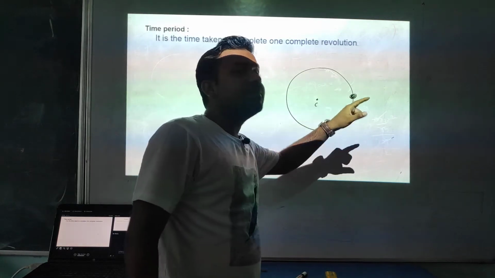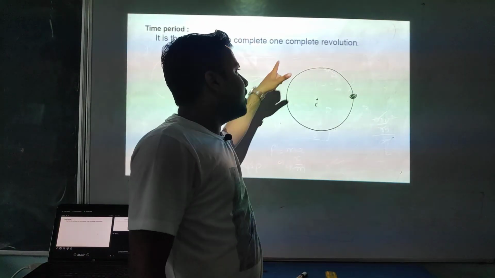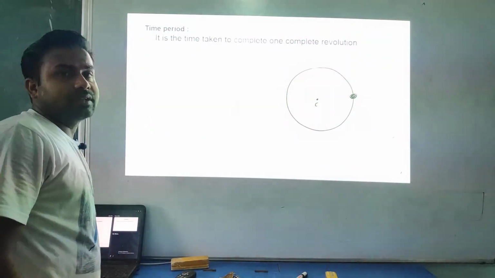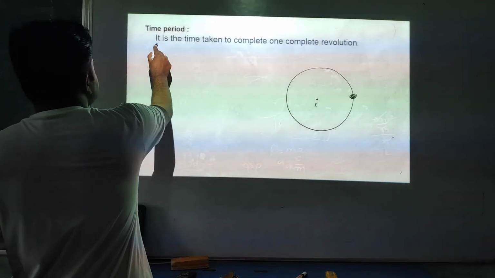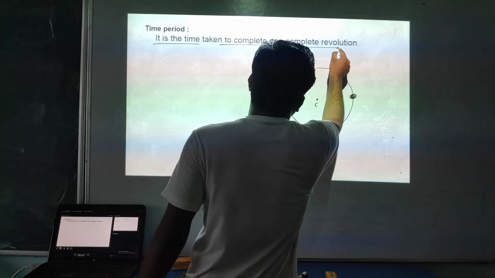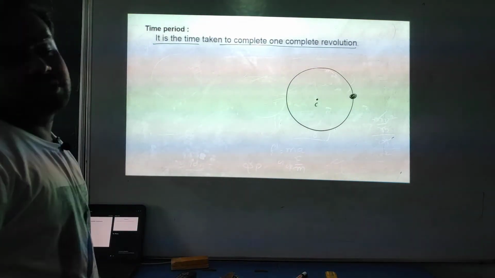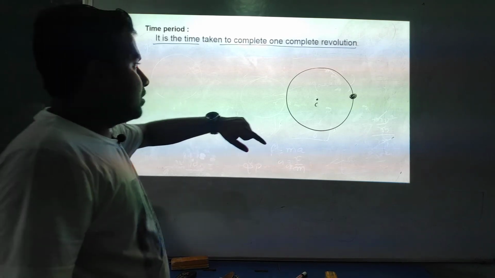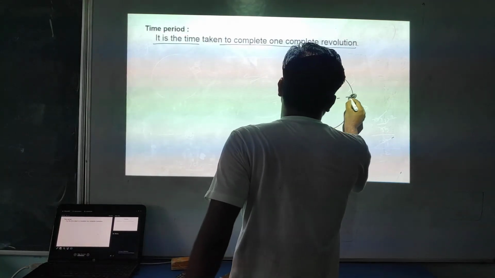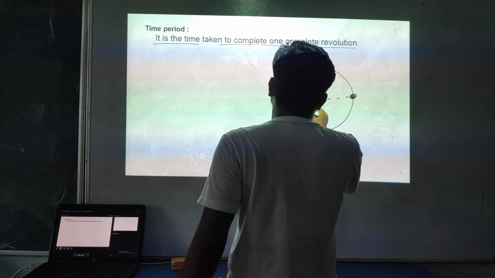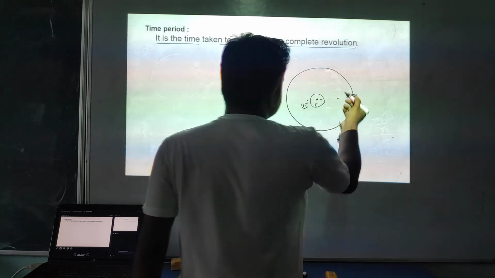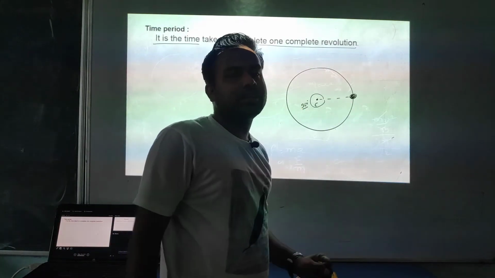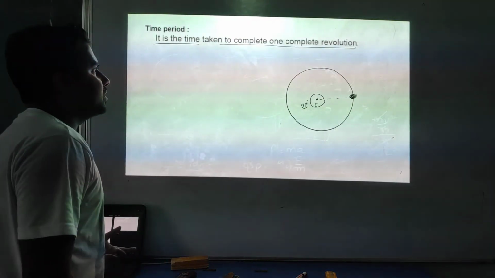How much time it takes to complete the full circle, one full rotation, all 360 degrees, that is called the time period. कितने टाइम में एक रिवॉल्यूशन कंप्लीट कर लिया, that is called the time period.